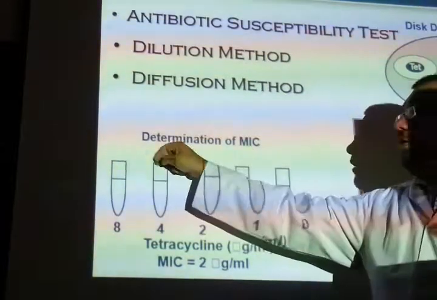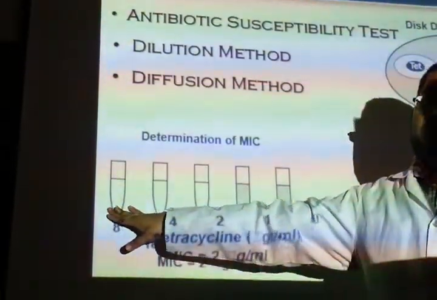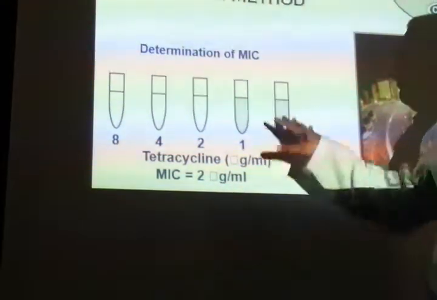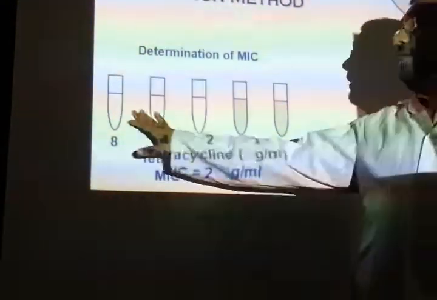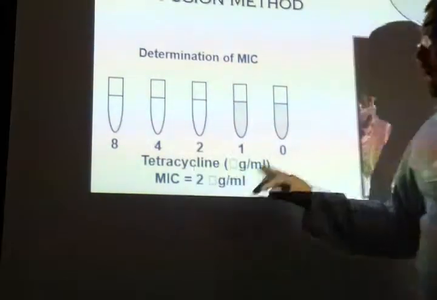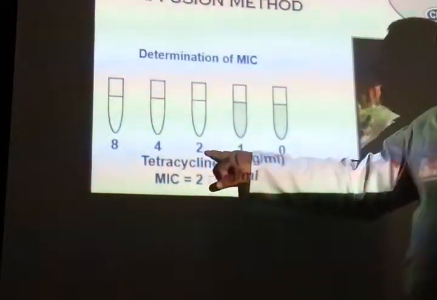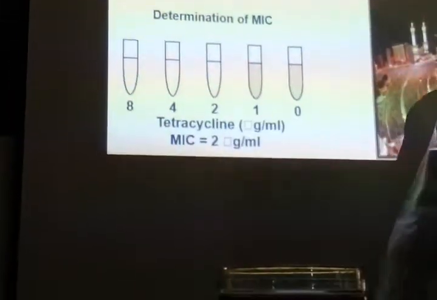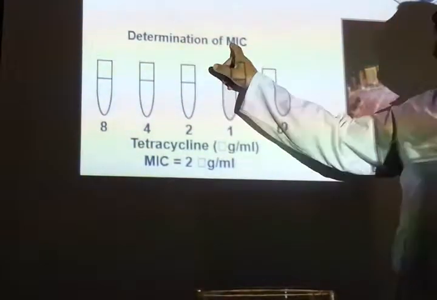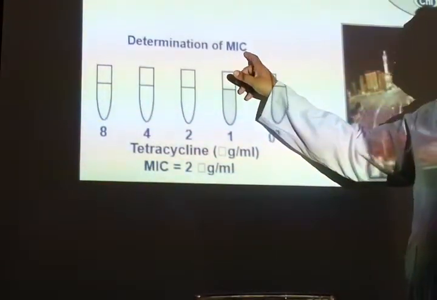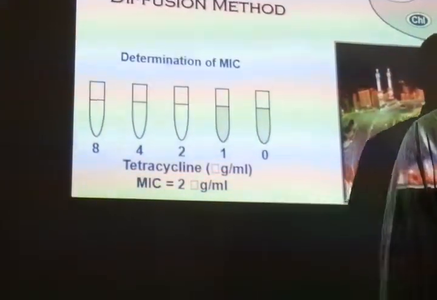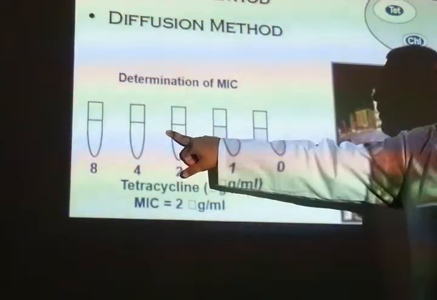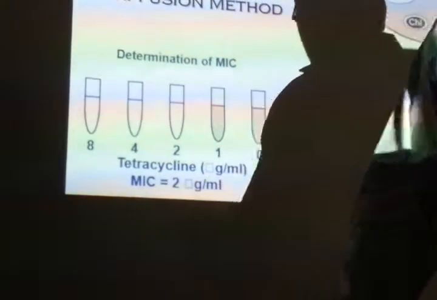Put here also and here also and here also, but nothing grows. We take the tubes, we put bacteria, put in the incubator. Next day, only these 2 tubes have bacteria, the other 3 are free. So, there is a point here, at this concentration, this antibiotic stops the bacteria from growing. This is called minimum inhibitory concentration or MIC. Minimum inhibitory concentration. So this concentration is called MIC.